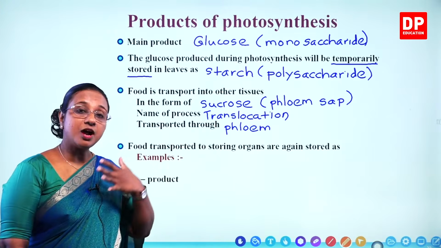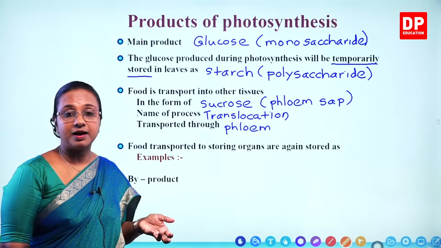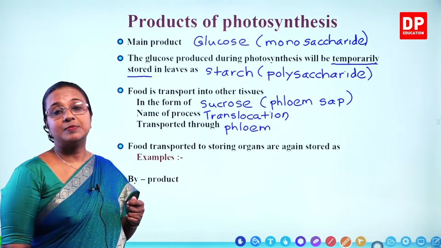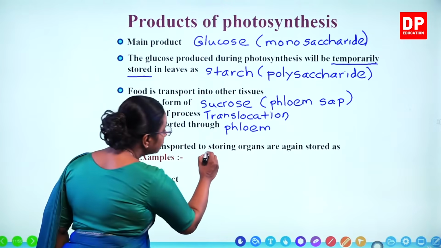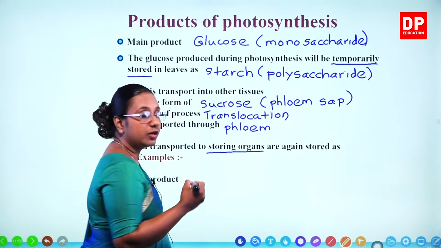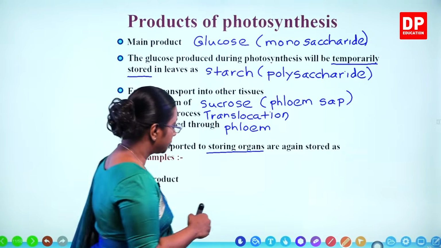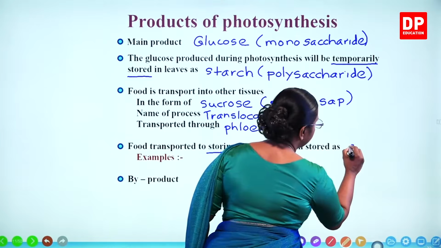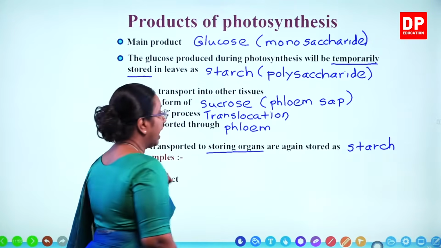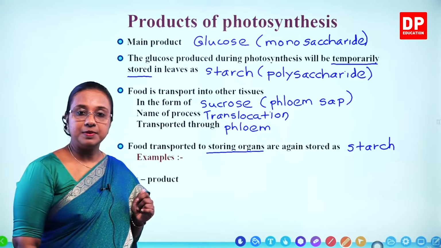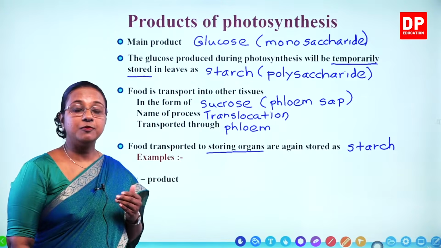And when it is translocated to various parts, it again converts back to starch. Food transported to storing organs. Organs where the food is going to be stored are again stored as starch. And this is an example you have learnt before.